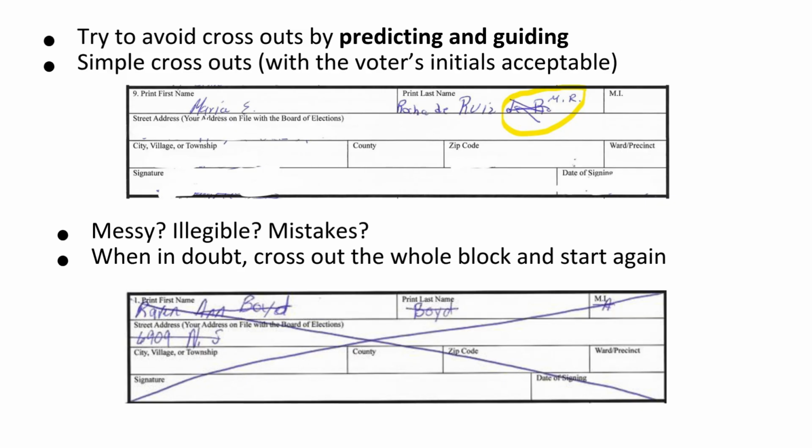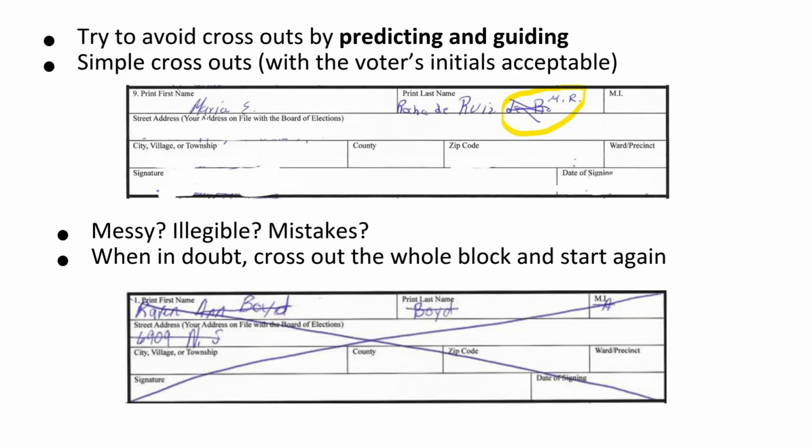Now, okay, here's what we do if they do it incorrectly. So you can see here, they were writing it backwards, so they went to cross it out. What we do is we put one simple line through the incorrect area. We don't scribble it all out.